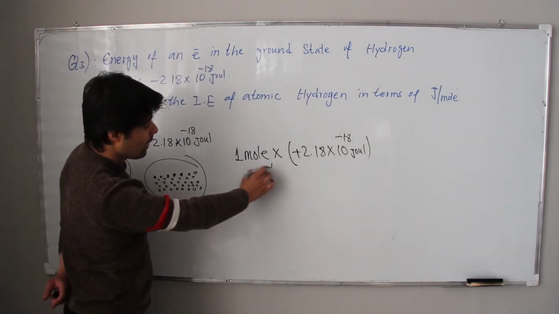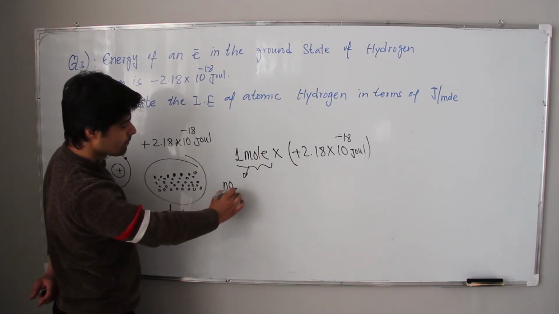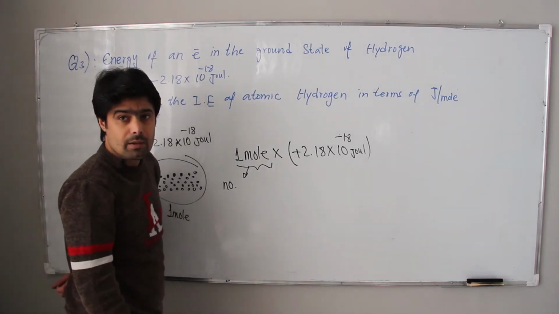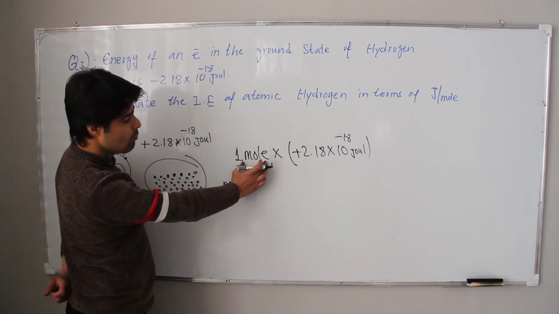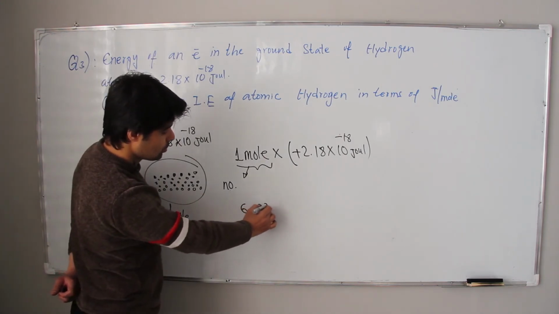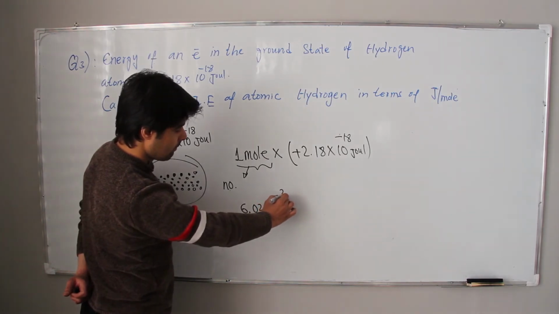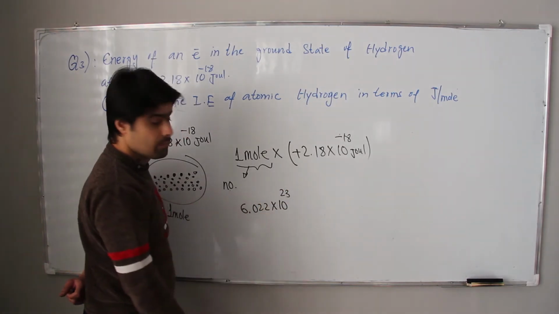Now, what is 1 mole? 1 mole is a number. How many atoms of hydrogen can we call 1 mole? 6.022 times 10 to the power 23.